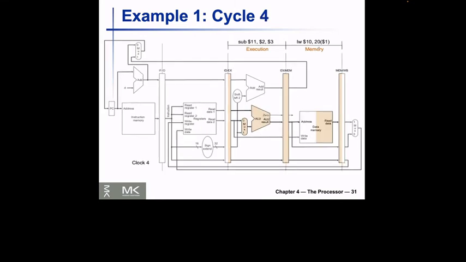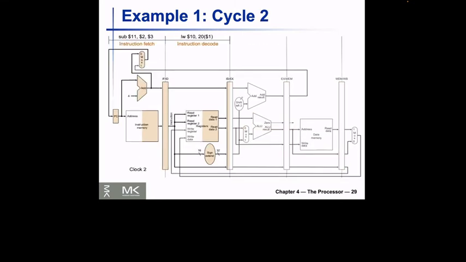Okay, so let's rewind a couple of clock cycles. So in fact, when the load word instruction is at its second stage, when we know that the RT field is $10, we should put this write register also in the register here.